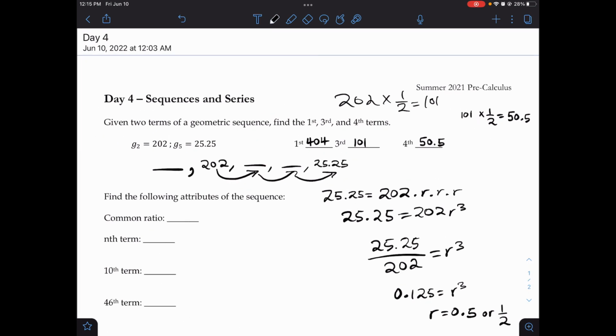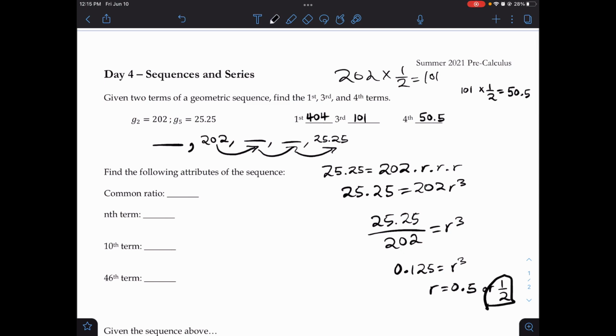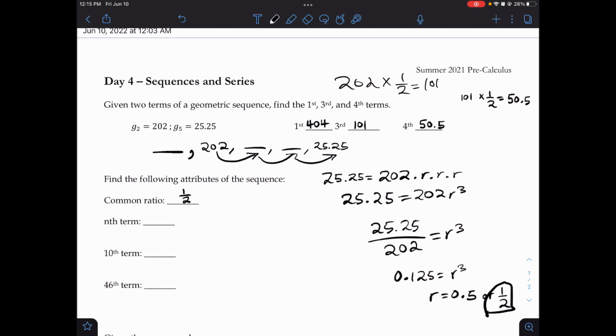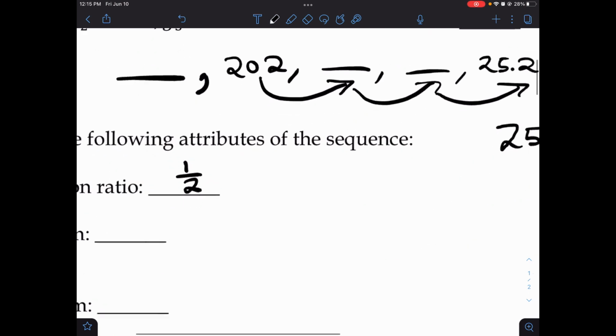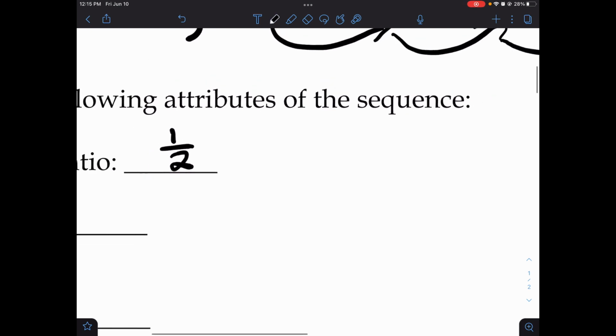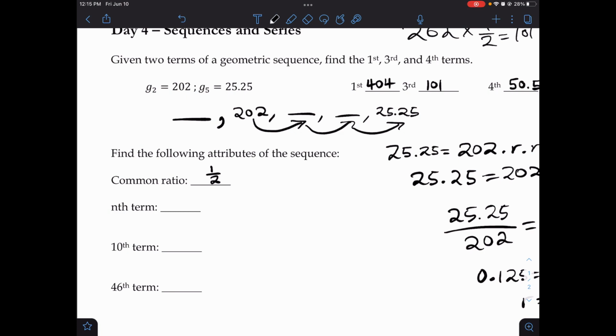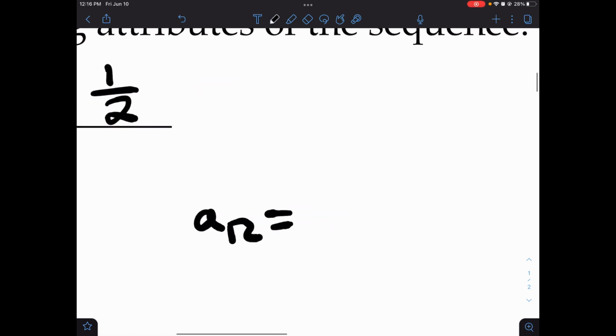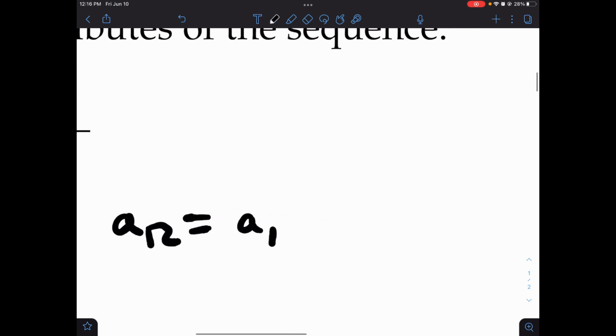So now we have all our terms. And we already know the common ratio, which is 1/2, so we can just plug it in here. Now to find the nth term, we use a formula we use to find any number in this sequence. To find the nth term of a geometric sequence, we use the formula a sub n is equal to a sub 1 times r raised to the power of n minus 1.